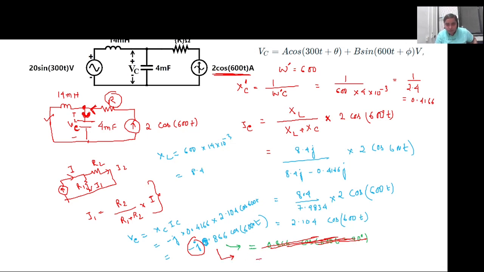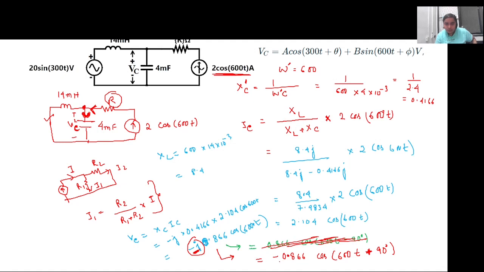So it will be equal to minus 0.866. Only j we are trying to replace, so cos of 600t plus 90 degree. We are not replacing minus j, please note, we are replacing just plus j, because we anyway need to convert it to sine. Is this okay with everyone?